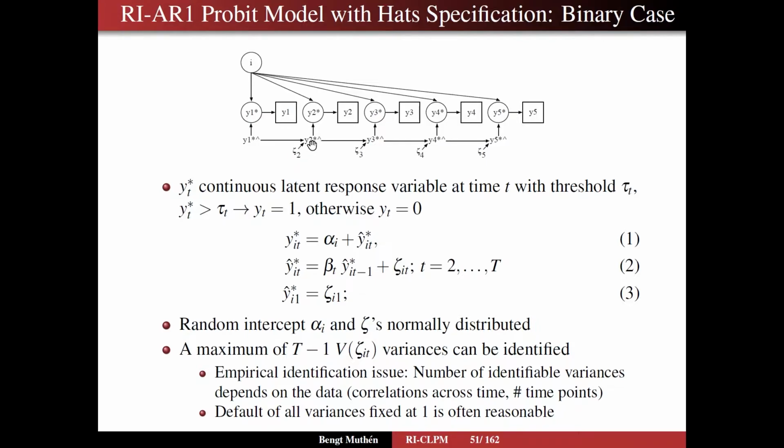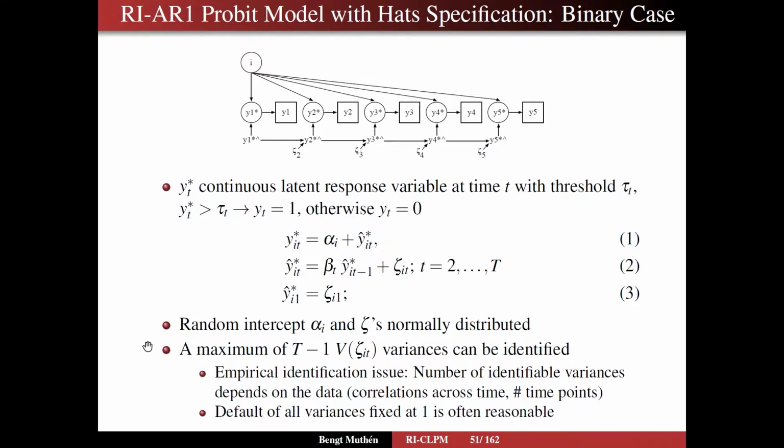So the residual y2 has its own residual, except for time point 1 where there is no previous influence. So y hat 1 is equal to z1. The variables here then are the random intercept and the t different residuals. And we're going to assume that all of them are normally distributed, which creates normally distributed y star variables.